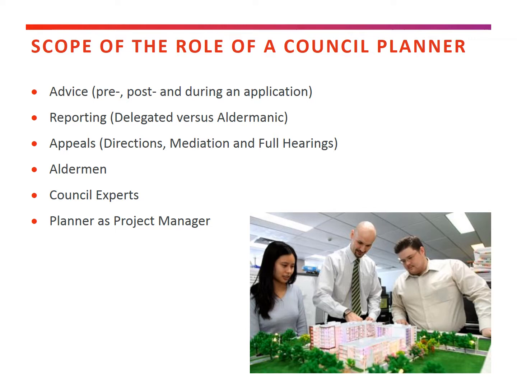Hopefully that council planner doesn't have a lot of contact with aldermen, so one of the important principles is that planning is kept separate from politics, and aldermen have quite a different role within council than the council staff do. Aldermen can be required to make a decision about a planning permit, but that can be very tricky because they're also wearing a political hat.